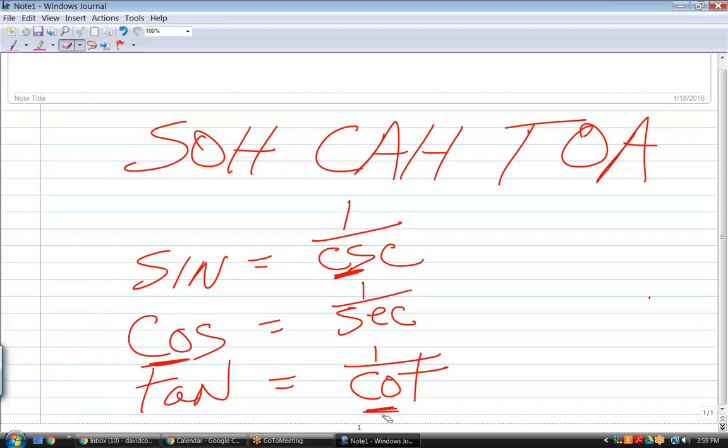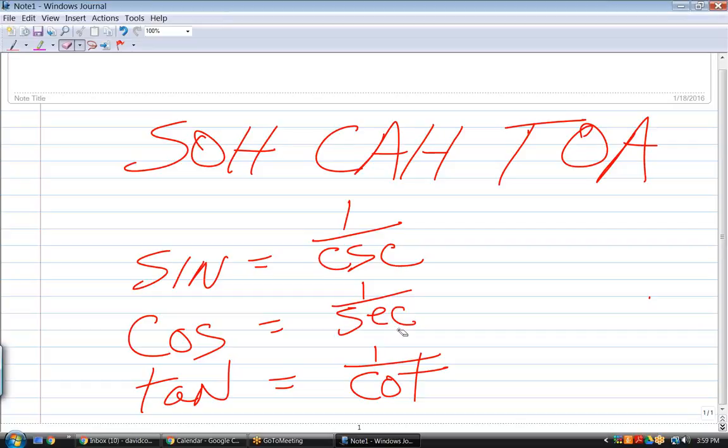So a way to memorize these reciprocal relationships is to memorize the fact that in each pair there is only one co. In other words, sine is never going to go with secant. There's no co in that. Cosine wouldn't ever go with cosecant. There's two cos in that.